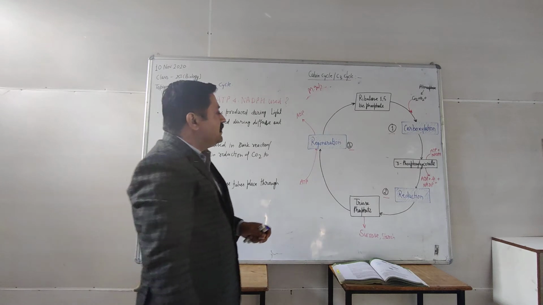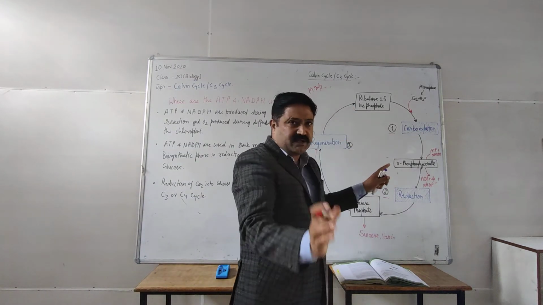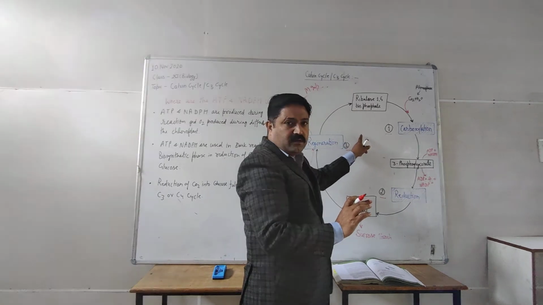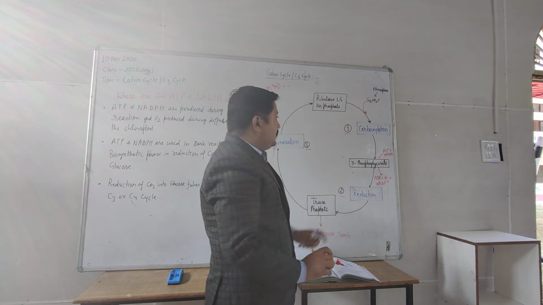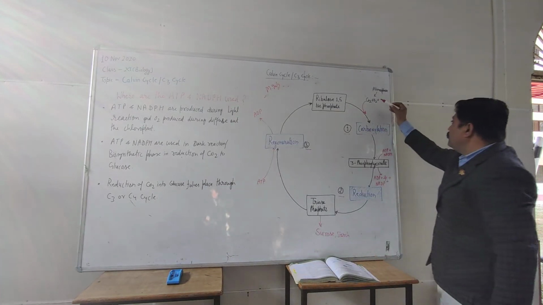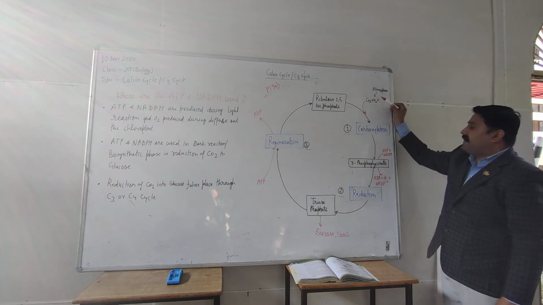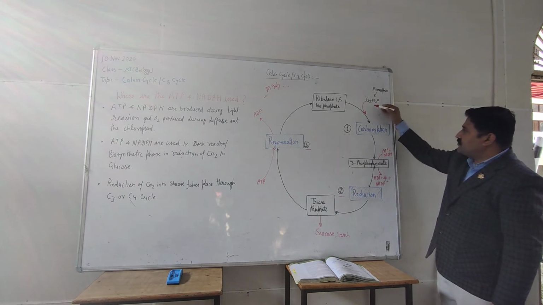What happens is there is one product, that is ribulose 1,5-bisphosphate. Focus here. Ribulose 1,5-bisphosphate. This is the acceptor molecule, and it accepts CO2 and water from the atmosphere. Actually water from the soil and CO2 from the atmosphere.